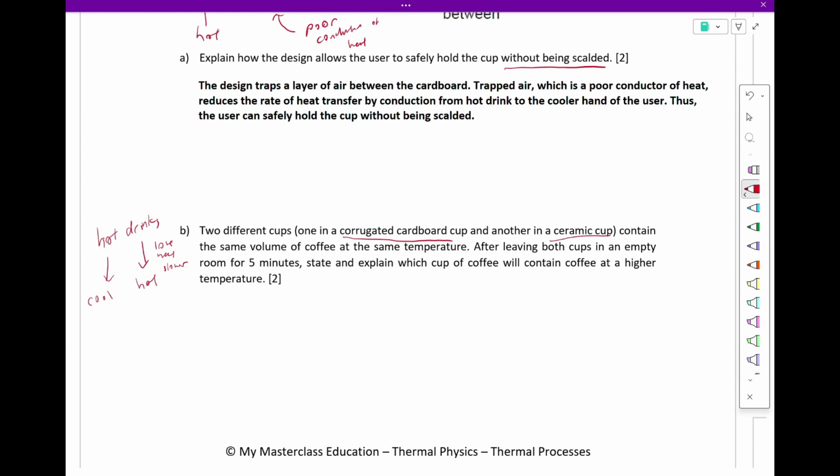Now both of them are non-metals, right? So now you need to justify which do you think is the poorer conductor of heat, because if I'm a poorer conductor of heat, I will lose heat slower. Okay, so the answer is the corrugated cardboard cup.